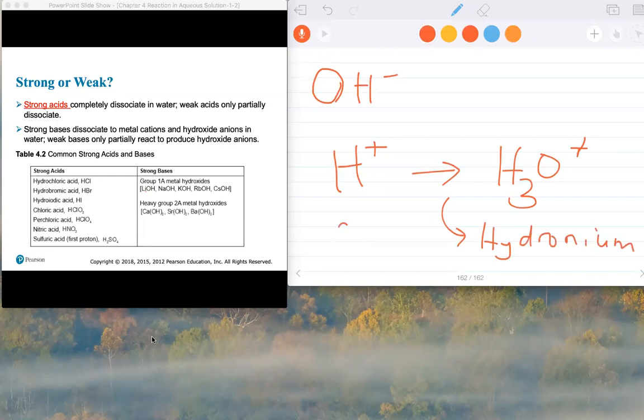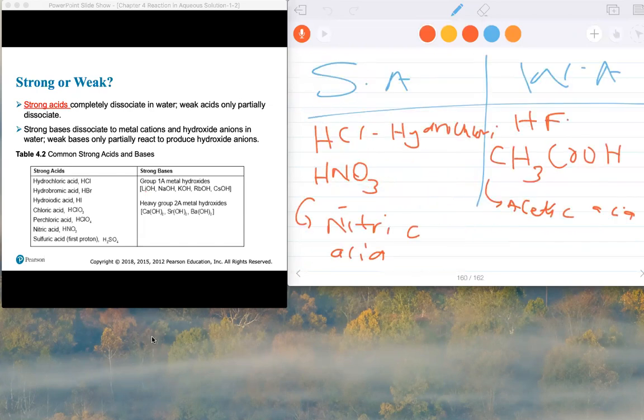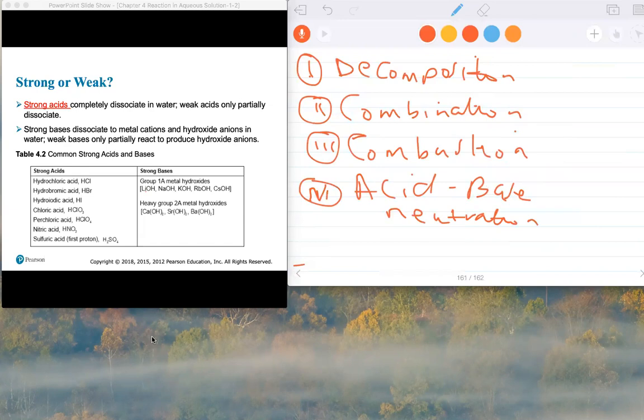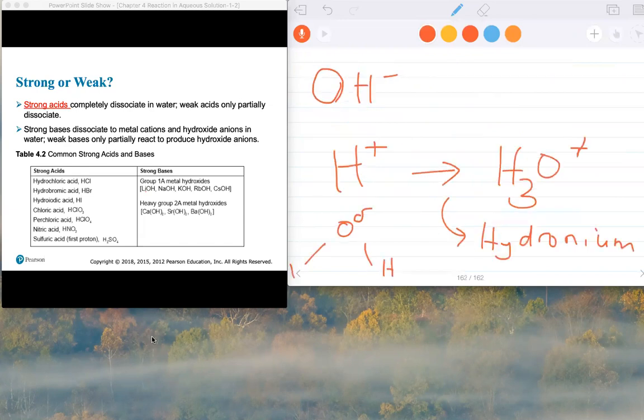Water has a partially negative terminal oxygen, so the hydrogen ion will get attached or associated to the oxygen atom in water molecules. Therefore, it will exist as hydronium. So hydronium and hydrogen ion are used interchangeably when defining a strong acid or strong base.